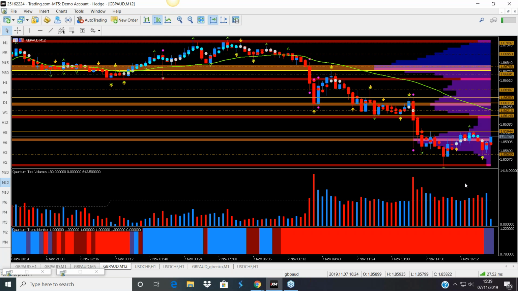Now the next question is, where do we think this price is heading? And here it's simply looking at support and resistance. How you like to define those levels is up to you. We have traders who use the quantum tools, but maybe like to use a Fibonacci number. That's entirely up to you.